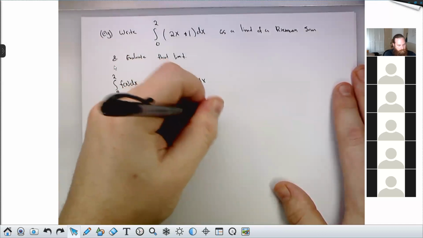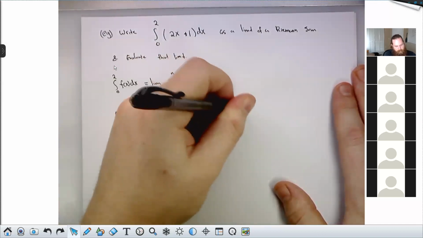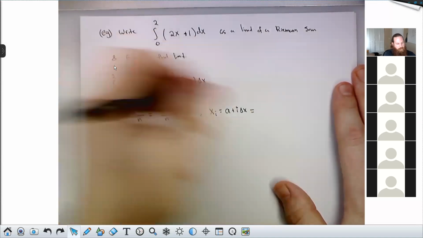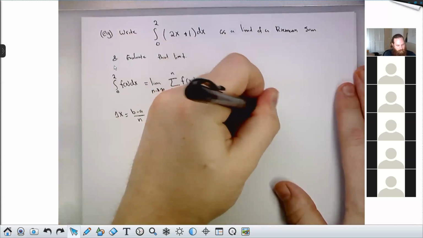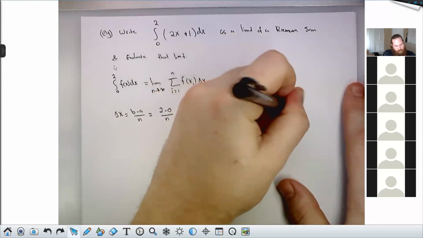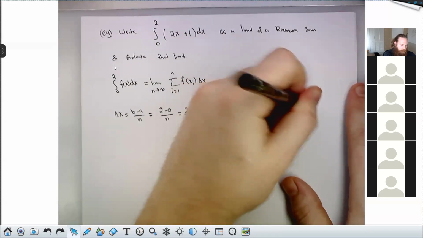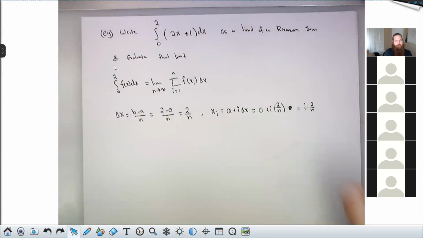And the x_i's are always a plus i delta x. a again is 0, so this is 0 plus i times 2 over n. I'll just leave it like that, no harm in leaving it like that. We'll call this i times 2 over n.